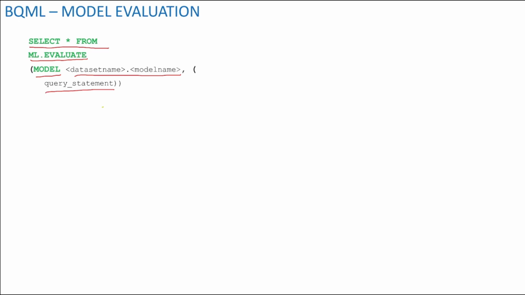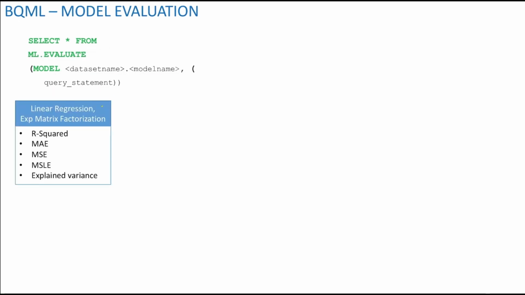Now, what are the values that this ml.evaluate function returns? Let's look at that in more detail. We'll start with linear regression and explicit matrix factorization. These two models return the same metrics. Just to recap, explicit matrix factorization is a recommendation model where you have the user ratings as an explicit input along with the user and item details.